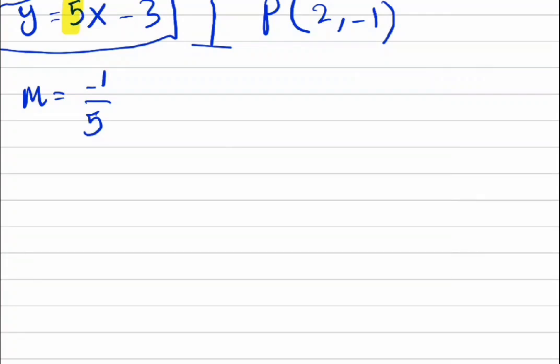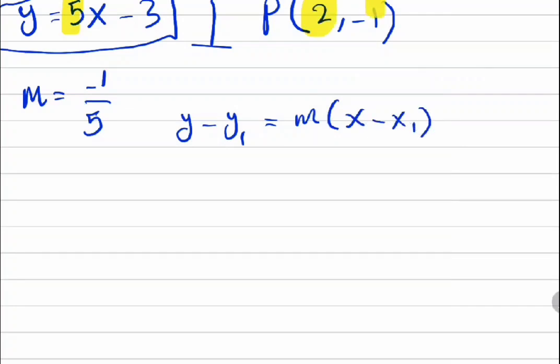So let's do it in point-slope form, and then we'll convert it to slope-intercept form. Using the equation y minus y1 is equal to m times x minus x1. So x1 is going to be 2, y1 is negative 1.